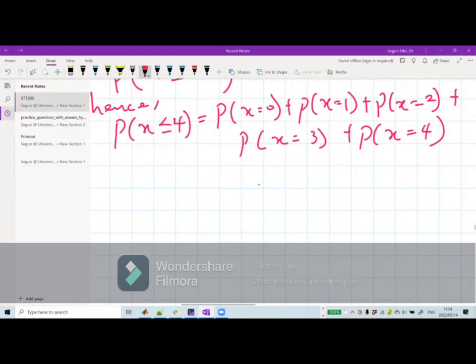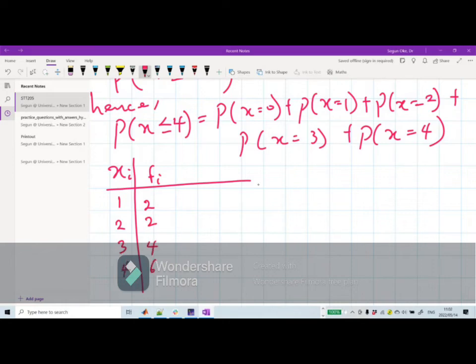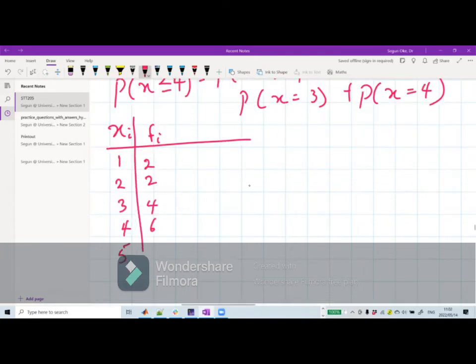Then remember our table: xi and fi. We have 1 to be 2, 2 to be 2, 3 to be 4, 4 to be 6, 5 to be 4, and 6 to be 2.